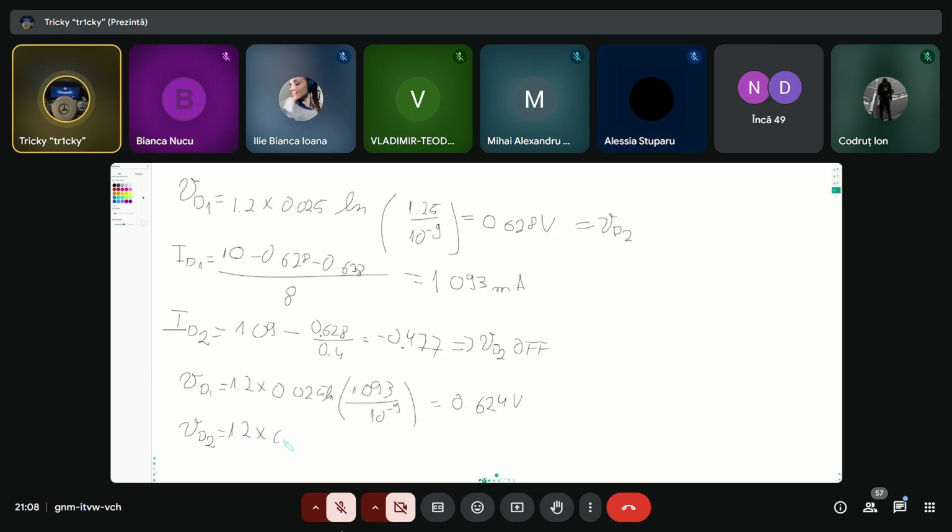1.2 times 0.025 ln of minus 0.477, divided by 10 to minus 9.